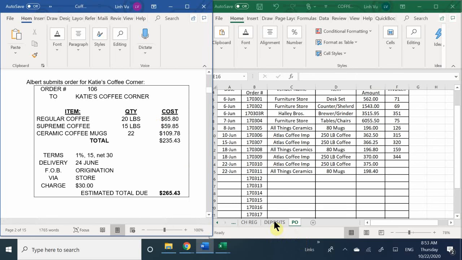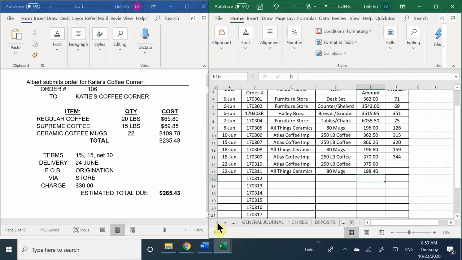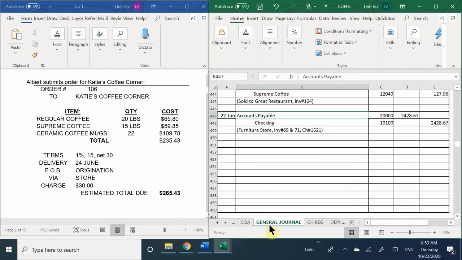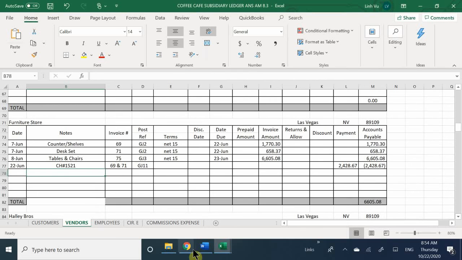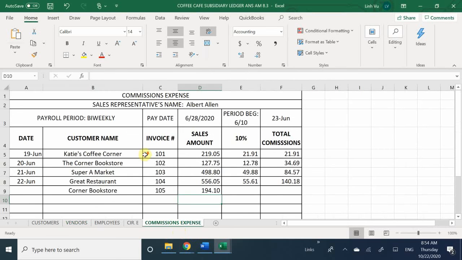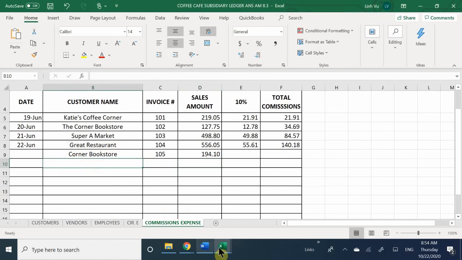Okay, so then what has happened here? Albert submitted an order for Katie's Coffee Corner. All right, so we have to go to the subsidiary ledger, under commissions expense, and the date is June 22nd. Did we deliver yet? No, we're just placing an order.